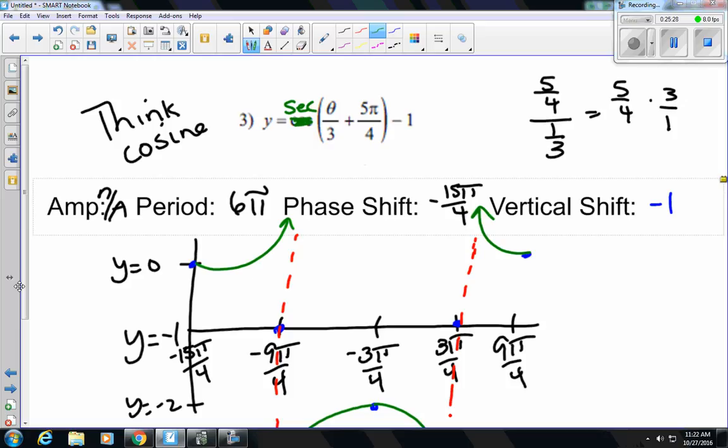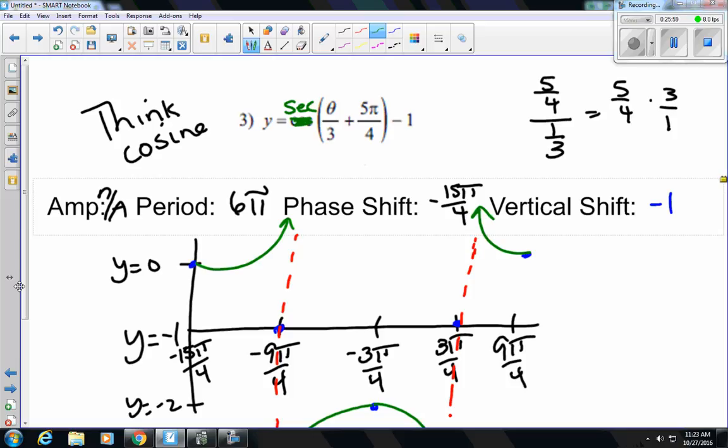If I put in negative 15 pi over 4 and did all this to it, kind of like an input-output machine, what would my answer be? 0. It's an ordered pair. They're all ordered pairs. Your angles are like your x values, and then your y is your y value. So when you plug it in, it just so happens that values at the midline become undefined. And so that's where we sketch in our asymptotes.